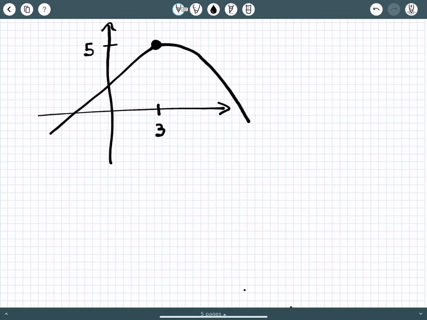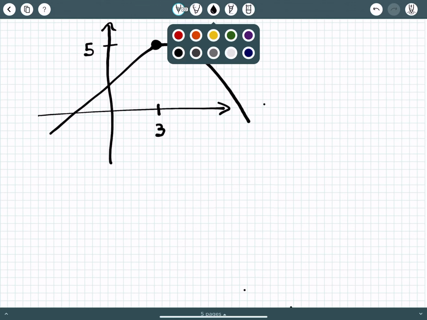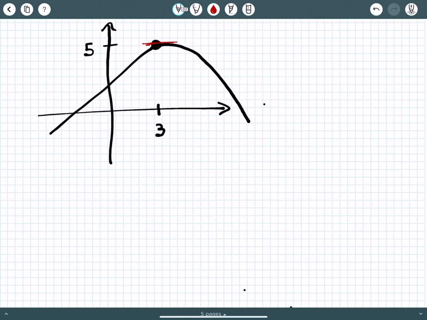So we have a couple of things happening here. One, we can think that we have a gradient of m equals 0, but this is questionable because that might be true for the parabolic side of the graph, but it's not true when I consider the linear side of the graph.